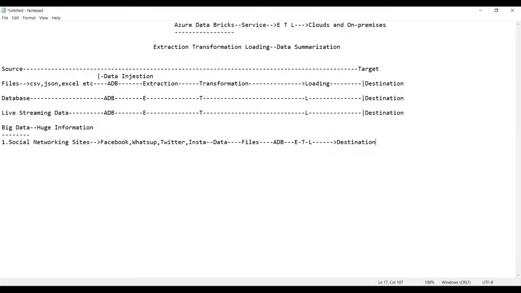Okay, guys, that's it. Next, apart from this, we can also get data from banking applications. From banking applications we pull in the data.